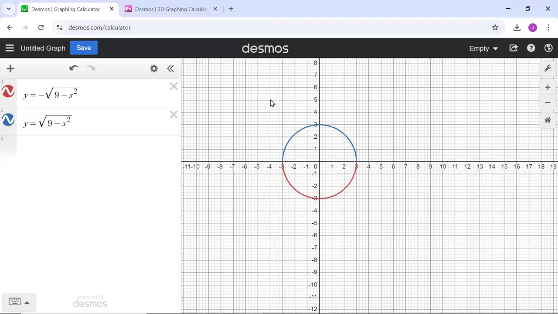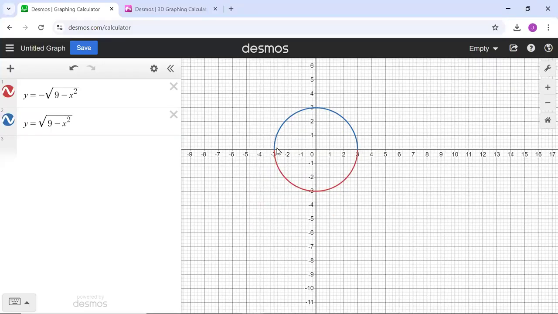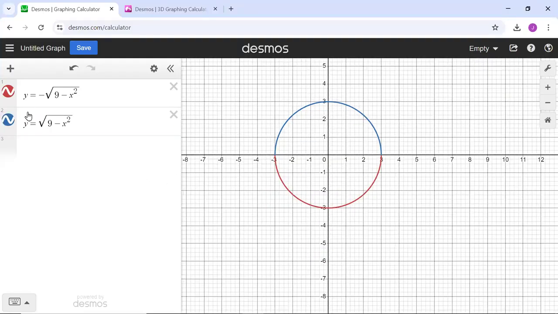So I'm graphing this in 2 dimensions. I just want you to realize that y equals negative square root of 9 minus x squared is the lower half of the circle of radius 3. And y equals the square root of 9 minus x squared is the upper half of the circle of radius 3.